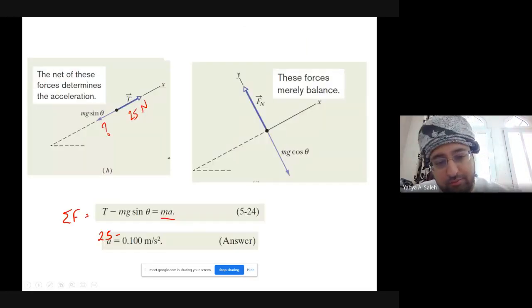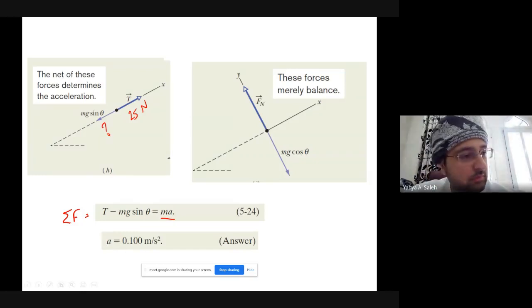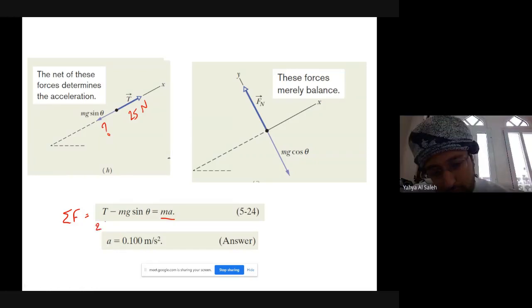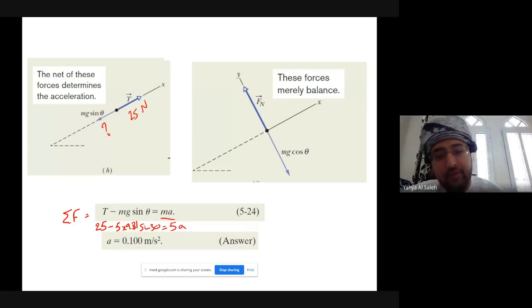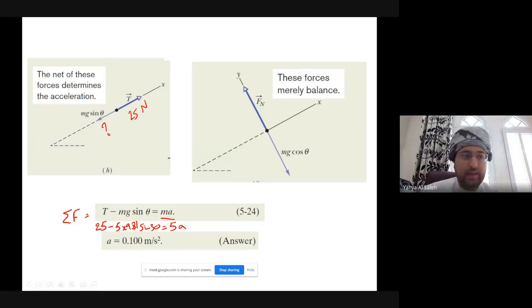So 25 minus 5 times 9.81 times sine 30 is equal to 5a. If I rearrange the equation, I will get acceleration equals 0.1 meters per second squared.